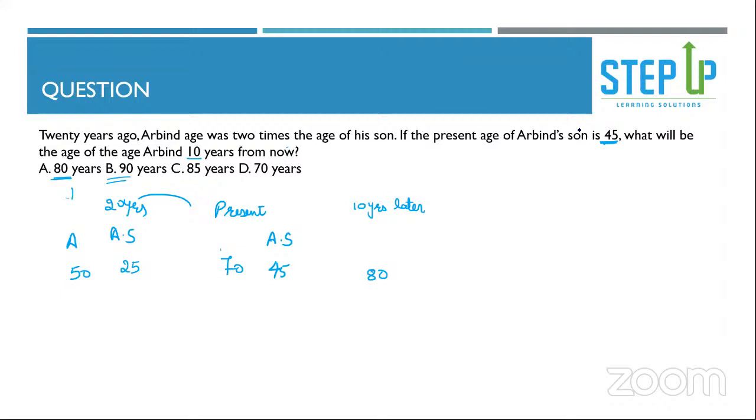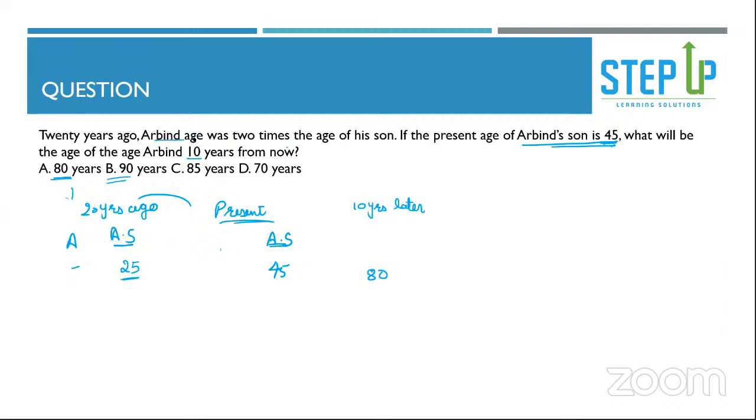They have given that the present age of Arvind's son is 45. So 20 years ago, Arvind's son's age would be 45 minus 20, that's 25.